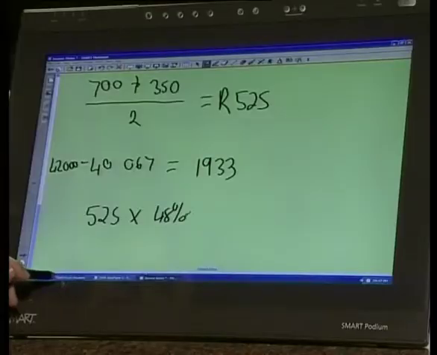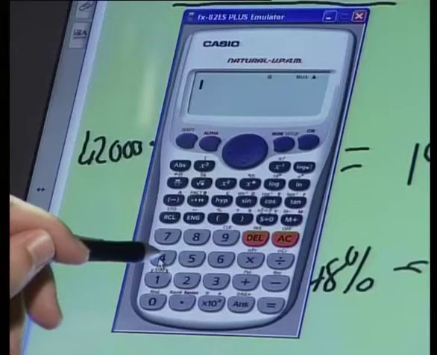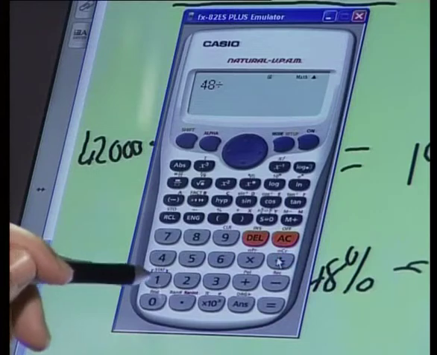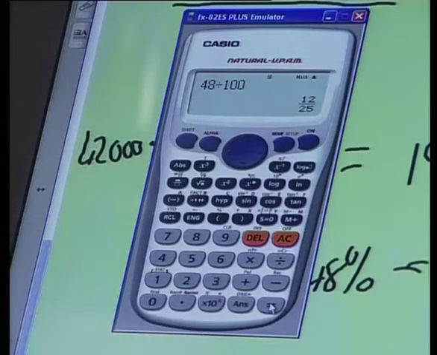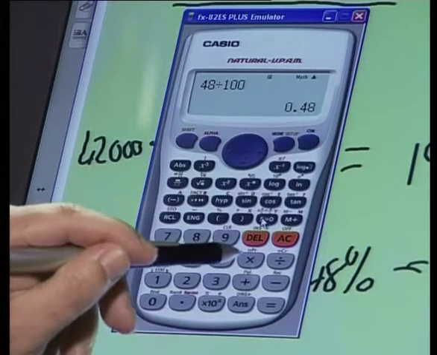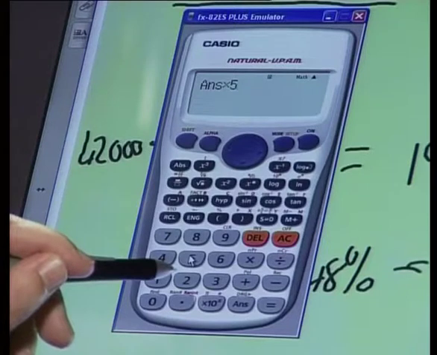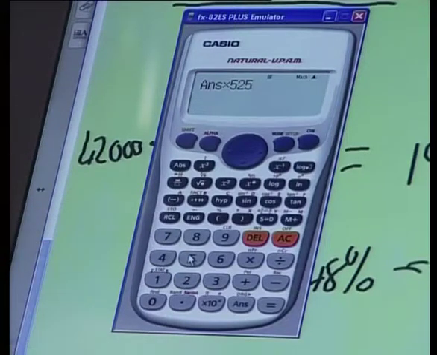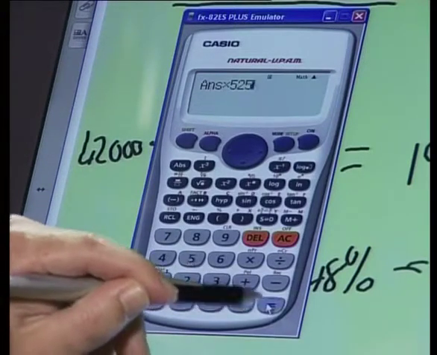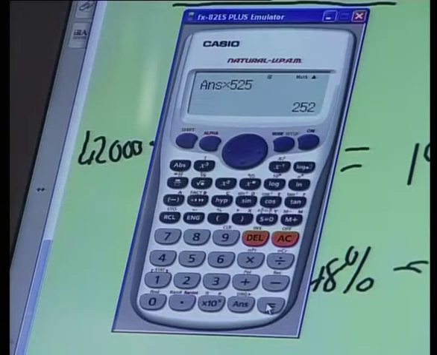Let's go and do that, and then we can work out this price. It's 48 divided by 100, and that gives you 0.48 if you convert it to decimals. And we're going to multiply that by the 525, which was our average of the category 3 and category 4 tickets, and that gives us an answer of 252 Rand.